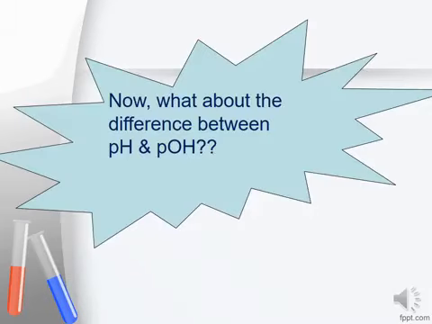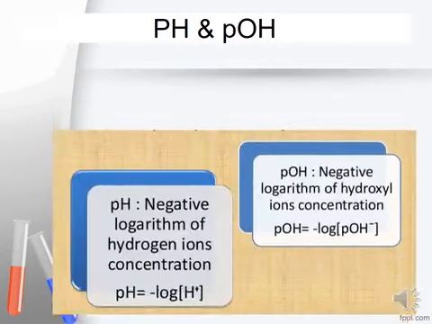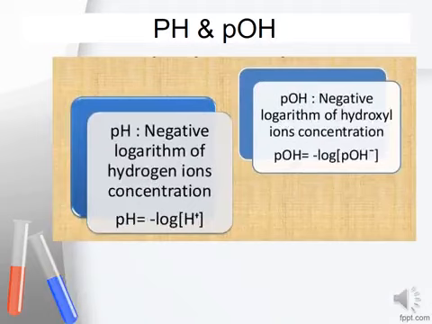Now, what is the difference between pH and pOH? pH is the negative log of hydrogen ion concentration.